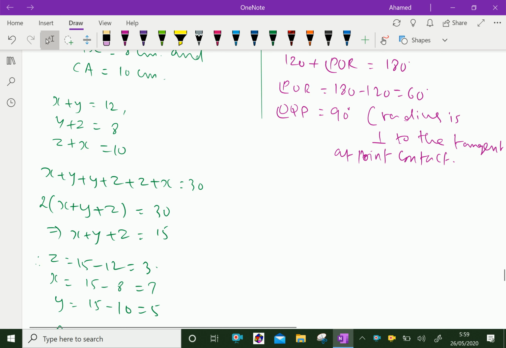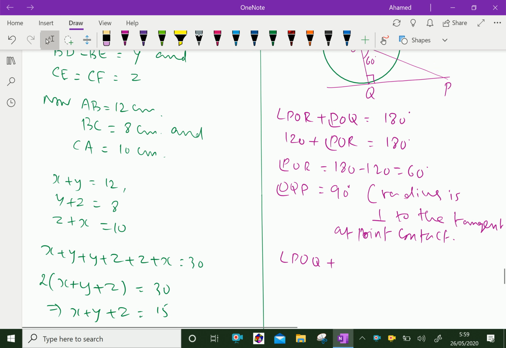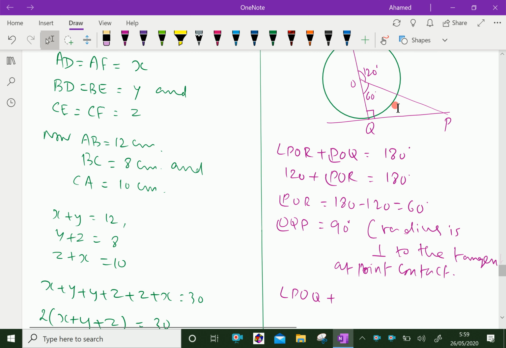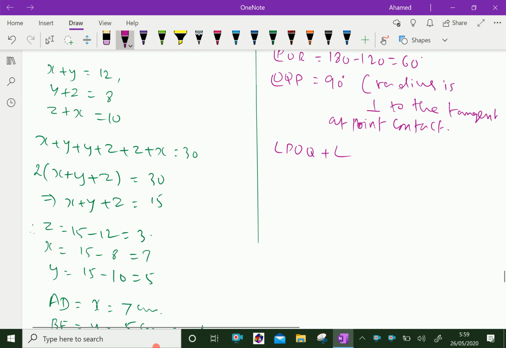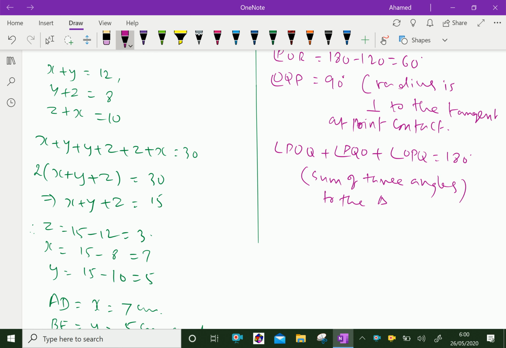Now angle POQ plus angle PQO plus angle OPQ is 180 degrees. Reason: the sum of the three angles of a triangle is 180 degrees.